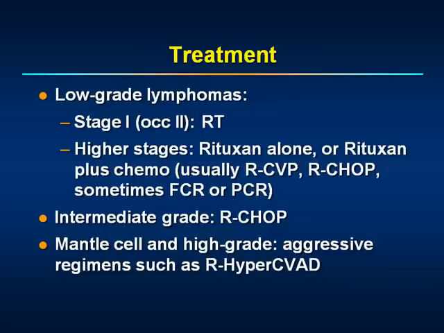And certainly Rituxan has prolonged disease-free survival substantially. Intermediate-grade lymphomas are treated generally with R-CHOP, and this has been shown to improve survival in these patients when the Rituxan is added. And mantle cell and high-grade lymphomas are treated with aggressive regimens such as R-hyper-CVAD. But of course that depends upon the ability of the patient to tolerate that.